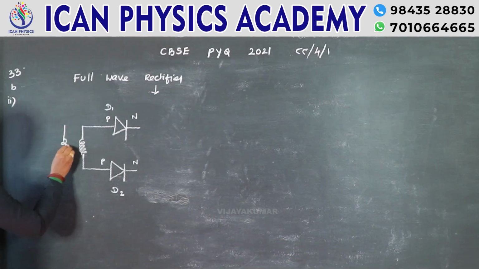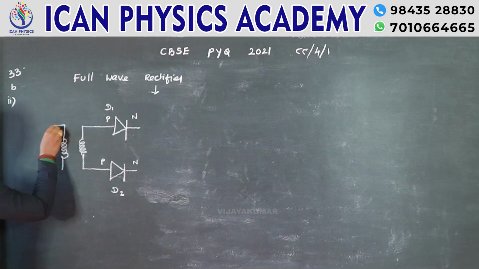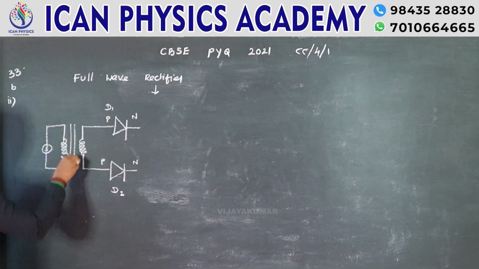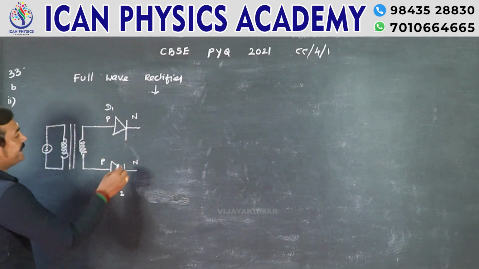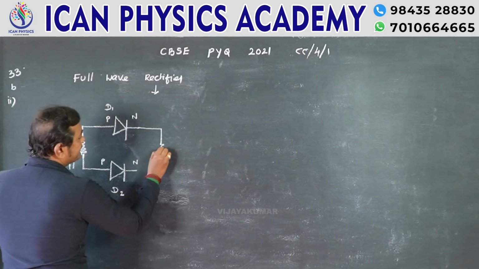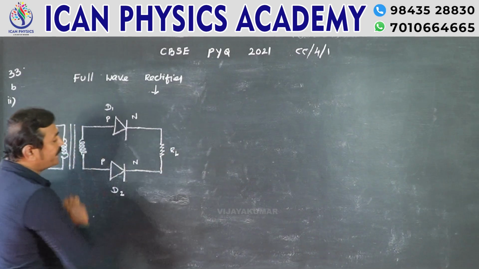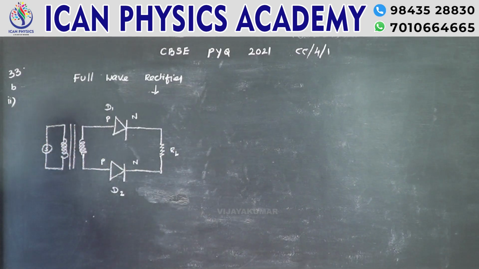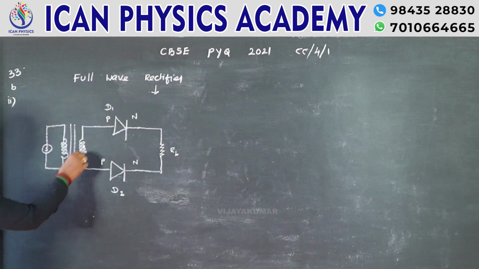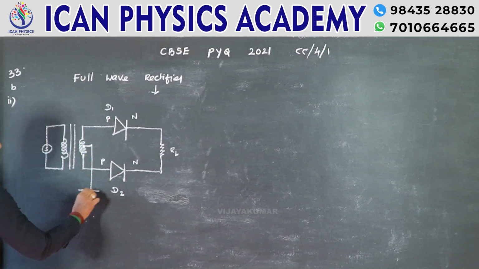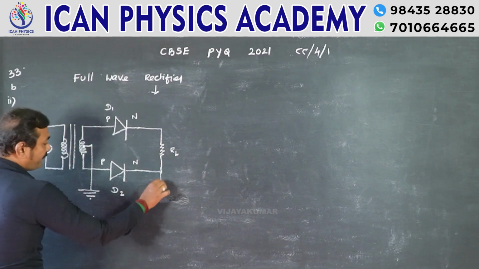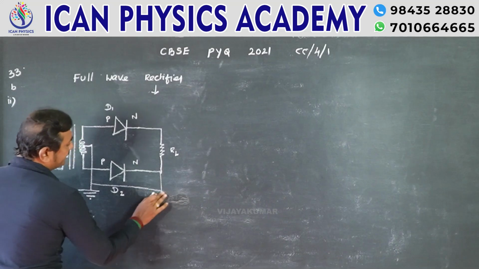The primary of the transformer is connected with the AC source. The N side is connected with a resistor, called the load resistor. And here the transformer is center tapped. For output, we can take it like this.